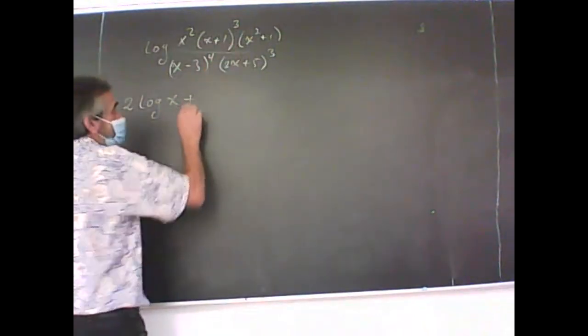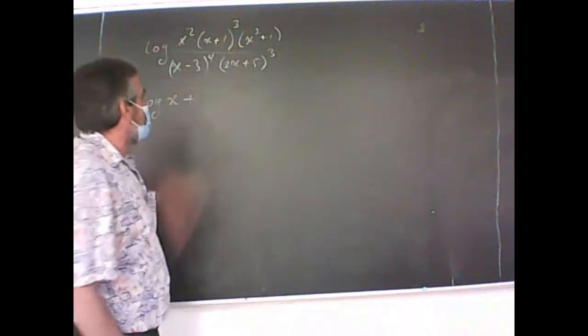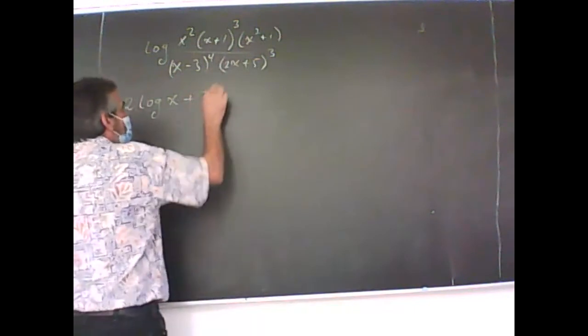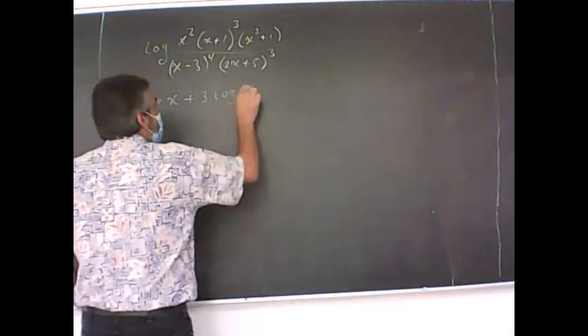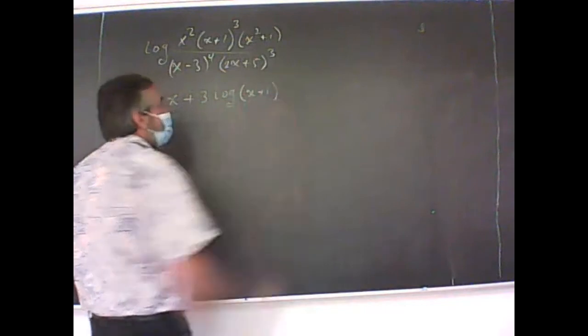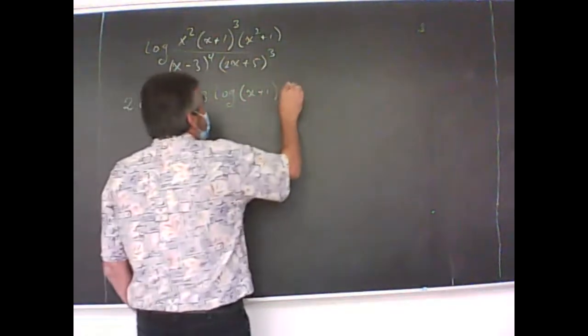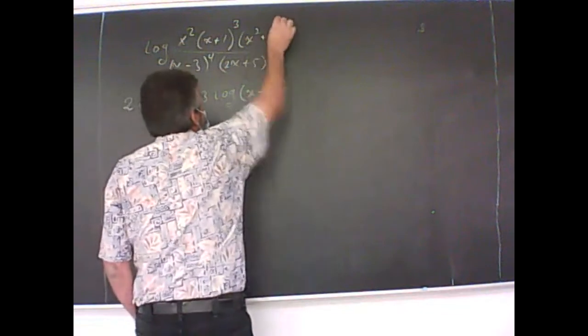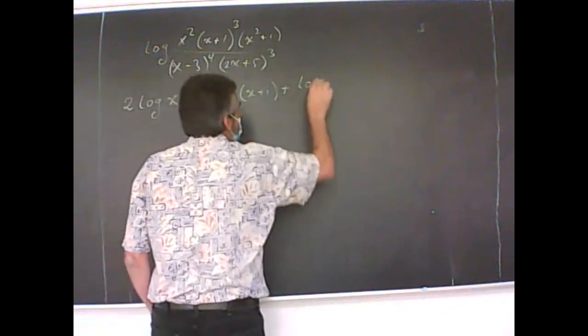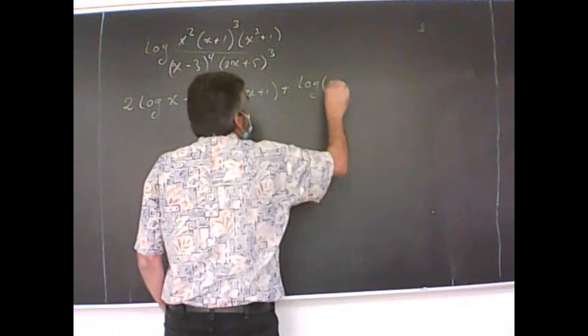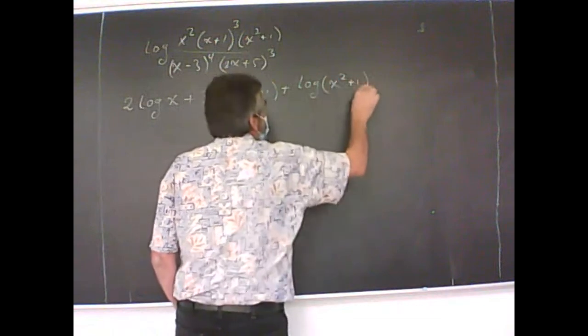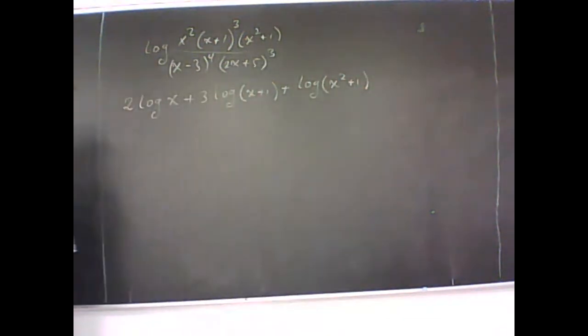This is a plus, right? The exponent says 3, so we have 3 log of x plus 1. Plus, we don't have any exponent, so it is just 1 log of x squared plus 1. We're done with the top.